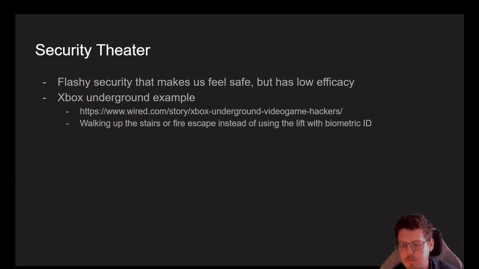group of hackers who were really interested in modding Xbox, and there's an example in this story about how one individual was trying to get into a building because he knew that there were development kits for one version of the Xbox.